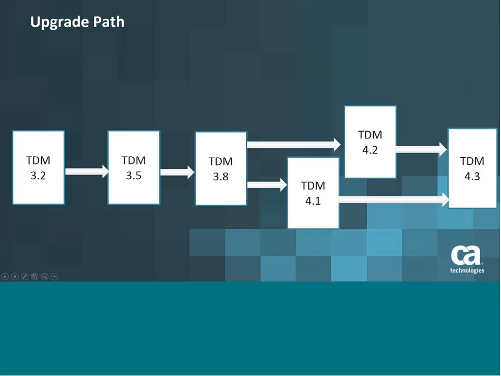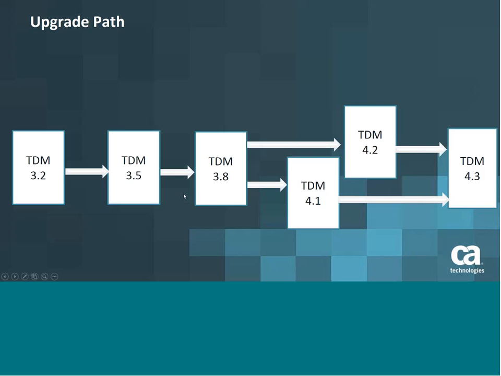You go to 3.5 and then to 3.8, and then we have upgraded from 3.8 to 4.2 directly, and from 4.2 to 4.3 the upgrade is very simple. It's one step. But the recommended path would be 3.8, then 4.1, and then you can upgrade to 4.3. So this is a sample path.